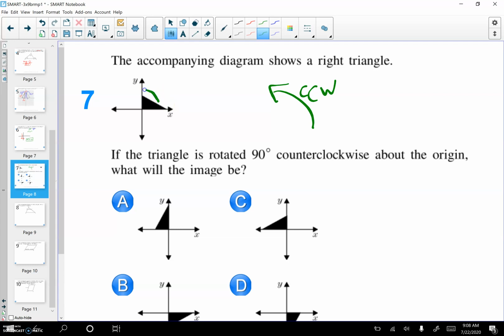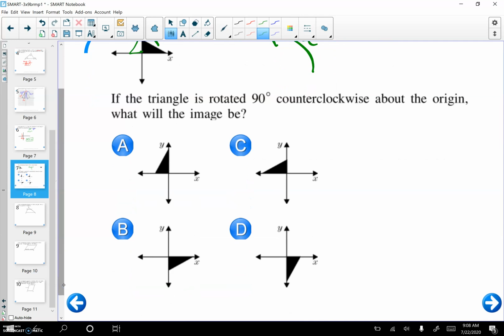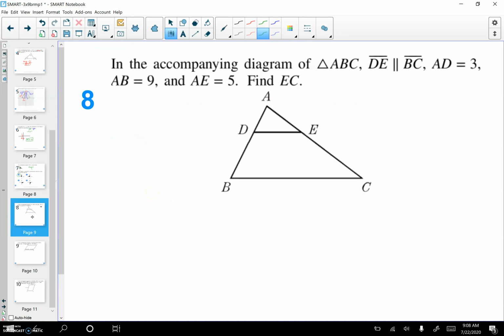So if this triangle rotates to the left, it should end up in a standing position. So which of those triangles matches if it were in a standing position in that second quadrant? It would be A. Now C also ends up in the second quadrant, but that's more of a flip. This is more of a reflection, where that triangle that stands up is more of a spin.